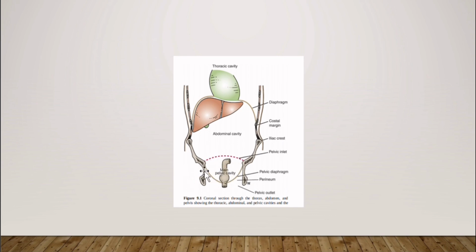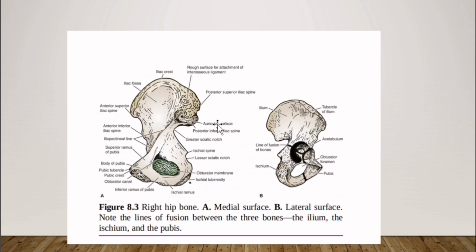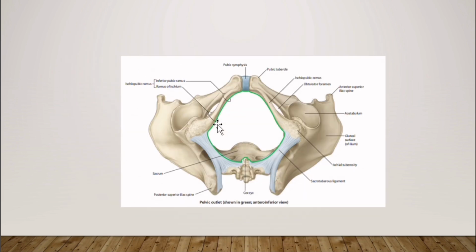Outlet. So the boundaries of the pelvic brim are the boundaries of the pelvic inlet. Then the boundaries of the pelvic outlet are these ones, which I was trying to show you here. Anteriorly we have the pubic arch, then laterally we have the ischial tuberosities. I'll talk more about the ischial tuberosities later.